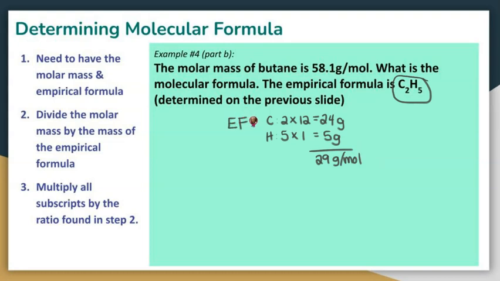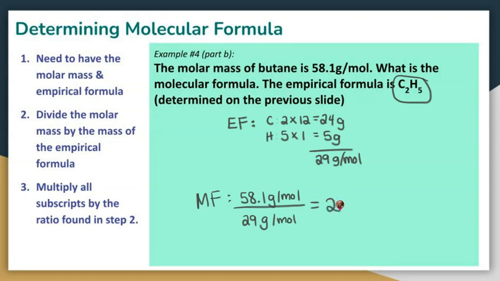Now, our molecular formula, it says, has a mass of 58.1 grams per mole. So I want to figure out how many times the empirical formula is my molecular formula. So 58.1 divided by 29 gives me right about 2.